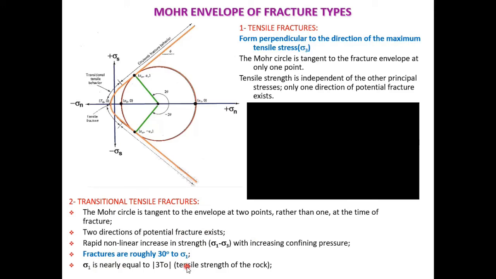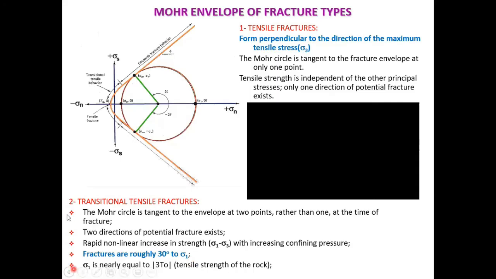And these fractures are roughly 30 degrees to the sigma 1 orientation, which means when you find transitional tensile fractures in the field, you can estimate the direction of sigma 1, which will be 30 degrees to the fracture orientation.